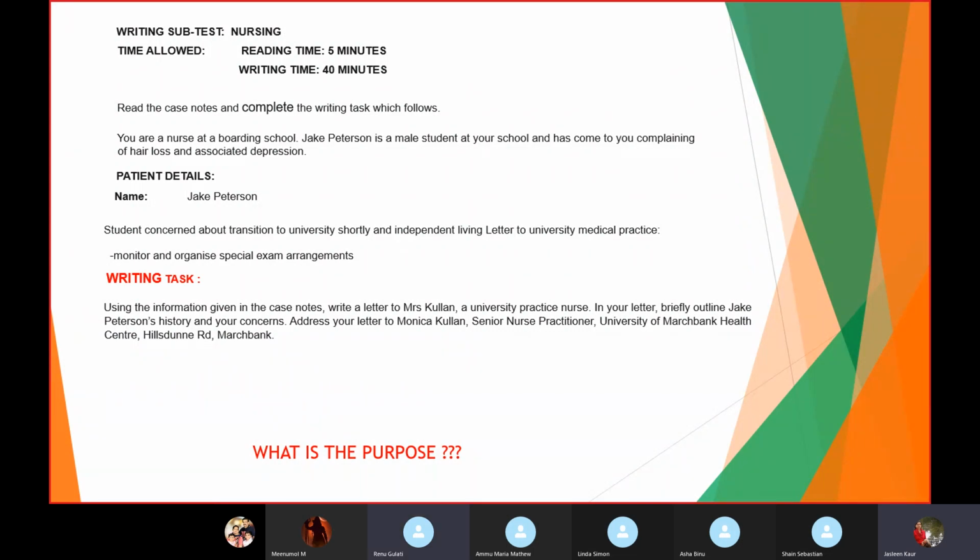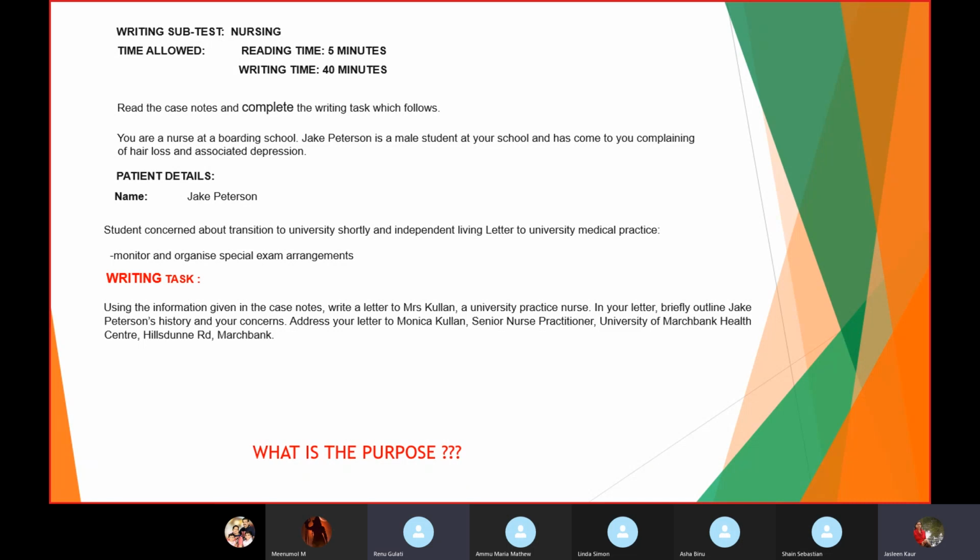The basic concern is why he's so concerned: because he's going to live independently now. That's what is worrying him. Because of that, his anxiety level has probably increased. That is one point. The second point given is monitor and organize special exam arrangements. This is a secondary purpose, not primary. Primary is monitoring him as he's going to live independently and he is worried about that.